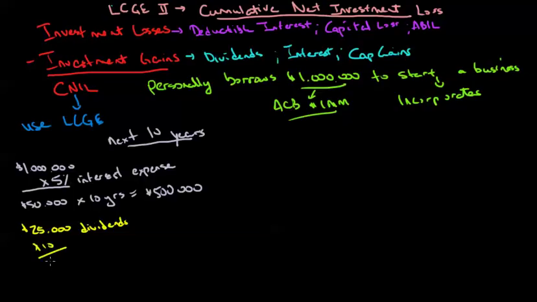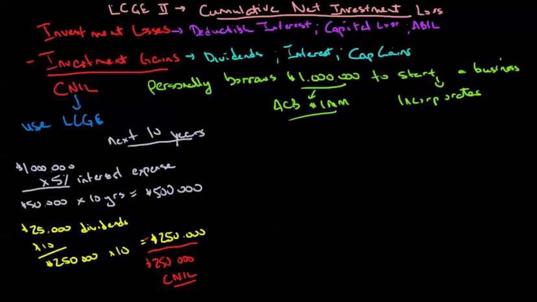And they take that over 10 years, so they've got $250,000 of investment gains. And some real simple math here, $500,000 minus $250,000 gives us $250,000 of net investment losses, or we can see that this person has a $250,000 CNIL balance.